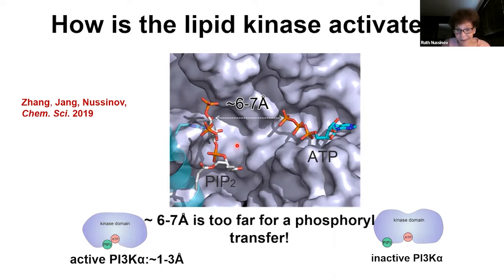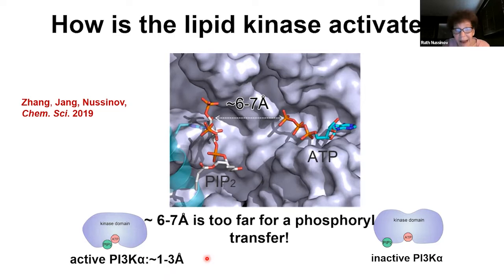When we modeled it, we could see that the distance between the gamma phosphate of the ATP and the tip of PIP2 is 6 to 7 angstroms, which is much too far for a phosphoryl transfer. We know in active PI3K, the distance should be between 1 and 3 angstroms.